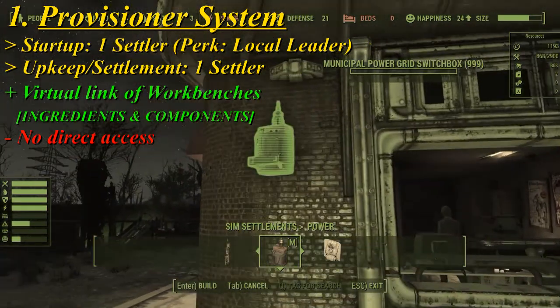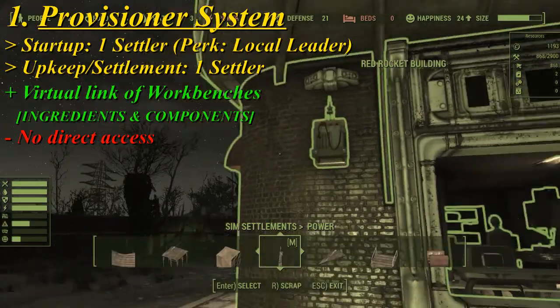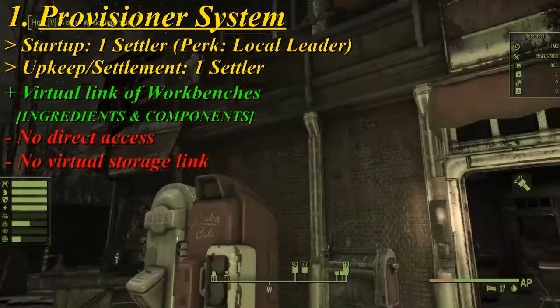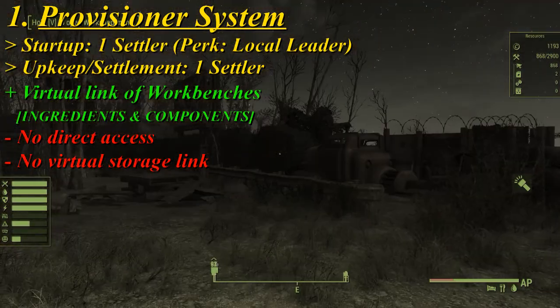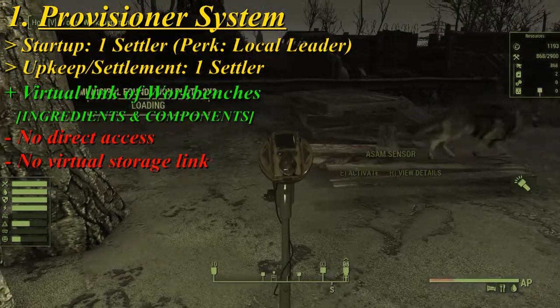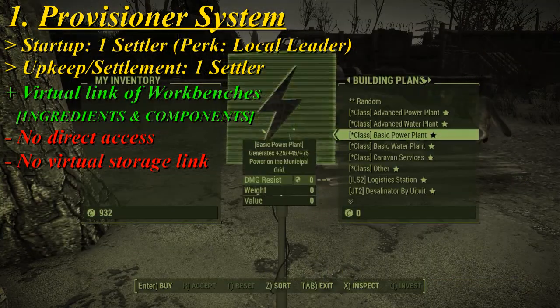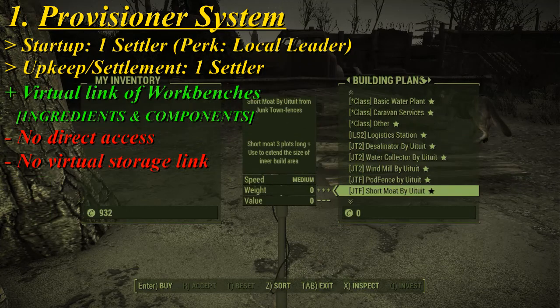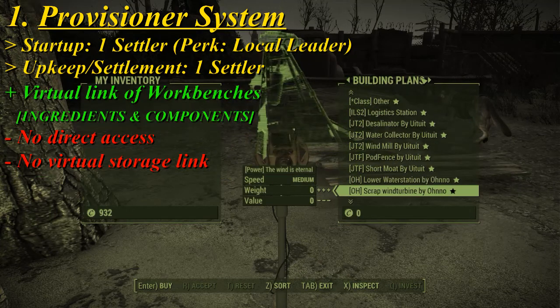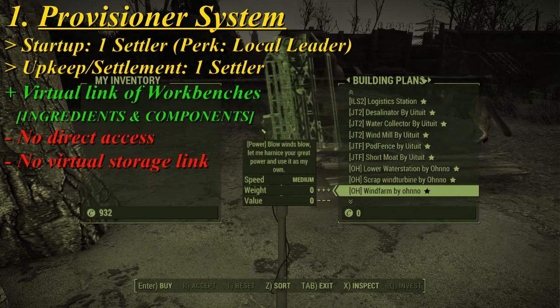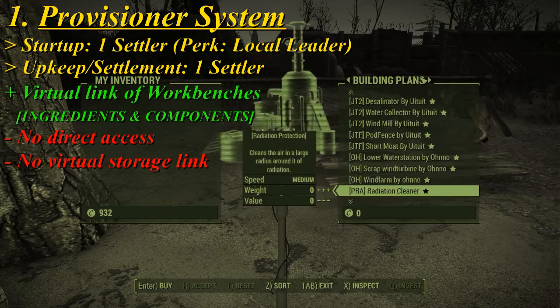And that's pretty much what it does. The provisioner system does not link virtual storage, be warned. So if you're using Sim Settlements 2 and you use a provisioner system, this can be very handy to include a new settlement that has no resources available to itself into the fold, into your new network.